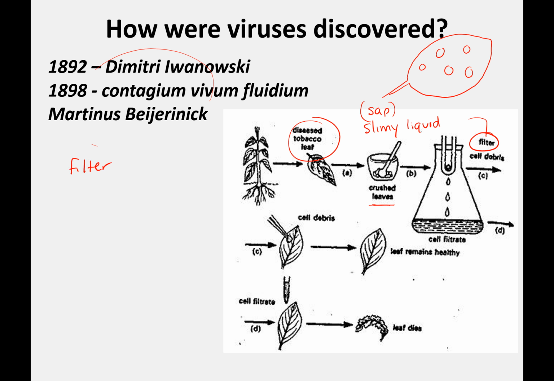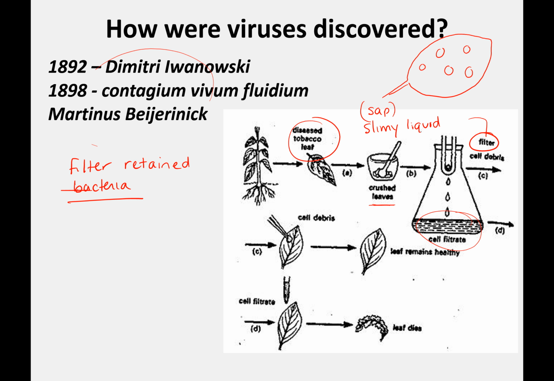The filter was big enough to retain bacteria, but things that were smaller could go through. Okay, so this liquid had stuff that was smaller than a bacteria, so filterable.